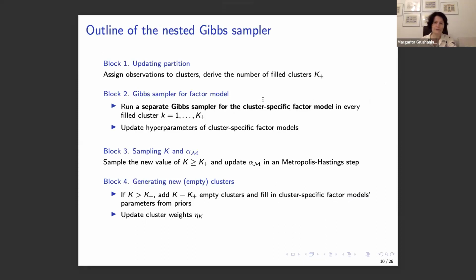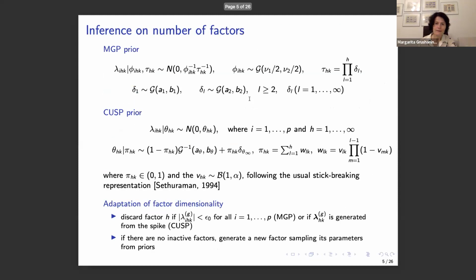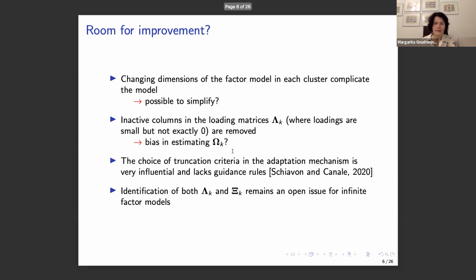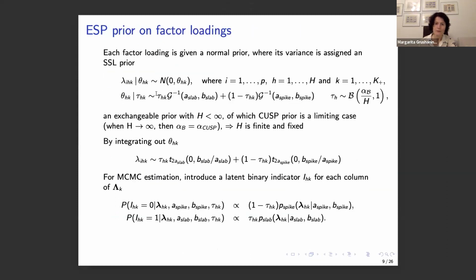We have an increase in order of pi here, which is responsible for the spike. And in our case, we have an unordered distribution, but we can order tau in decreasing order, and then we have the cumulative shrinkage prior representation.